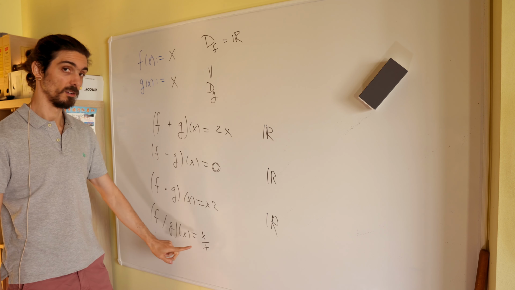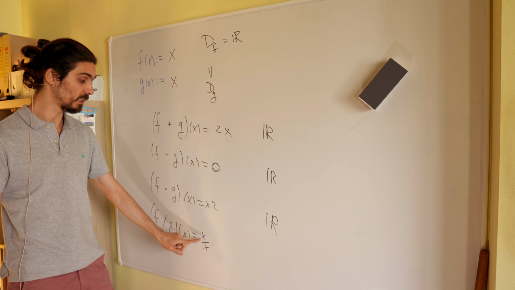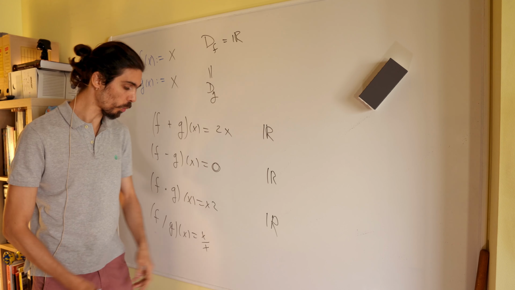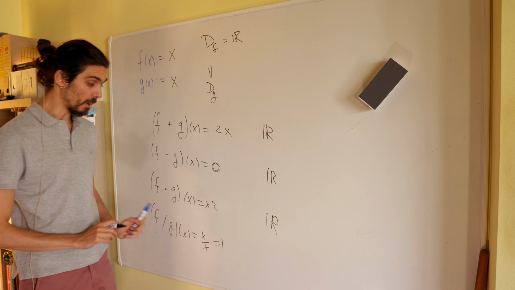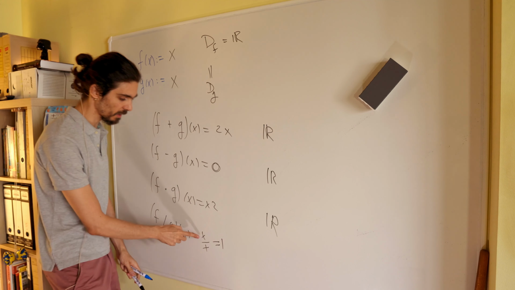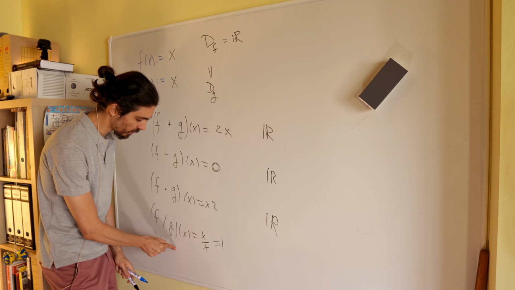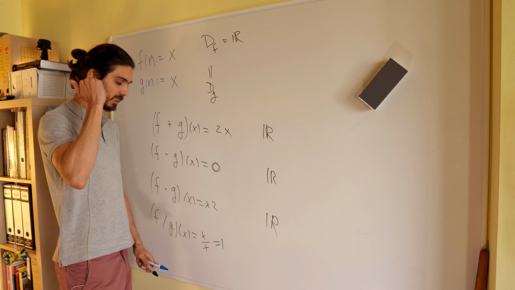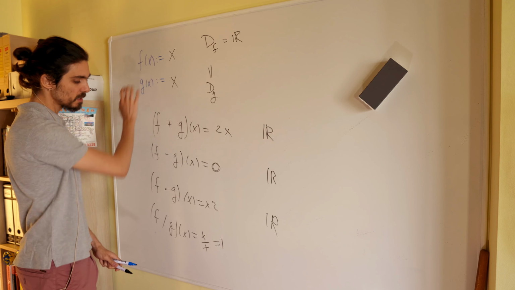Okay? So we have here x divided by x. And so it's tempting to say, well, that is just 1. It's tempting to say that. But that's not quite true. Because, again, this function here is only defined for all those x's as long as g is not 0.